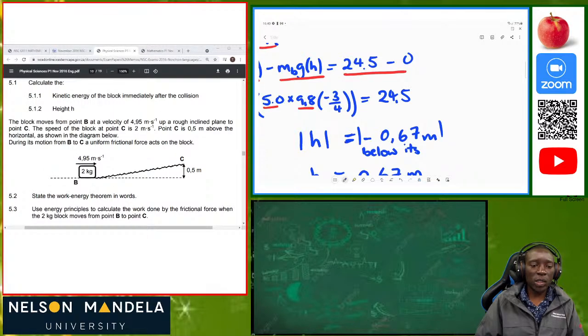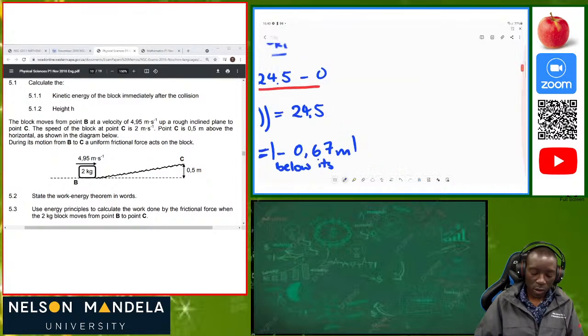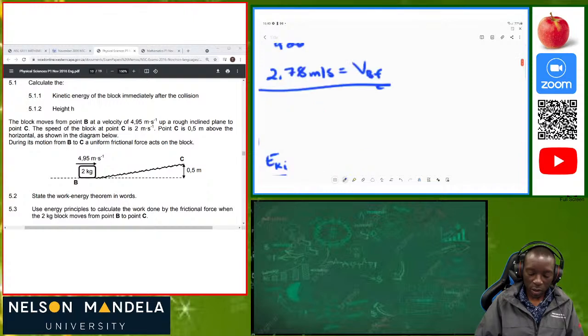Then it gets to this point now, up a rough inclined plane to point C. The speed of the block at point C is 2 meters per second. Point C is 0.5 meters high above the horizontal, as shown in the diagram. During its motion from B to C, a uniform frictional force acts on the block. State the work-energy theorem in words.